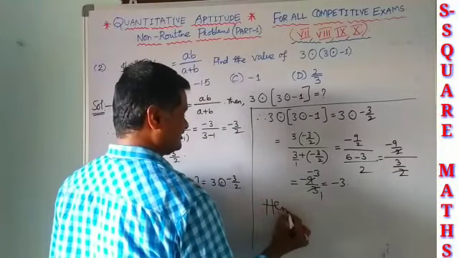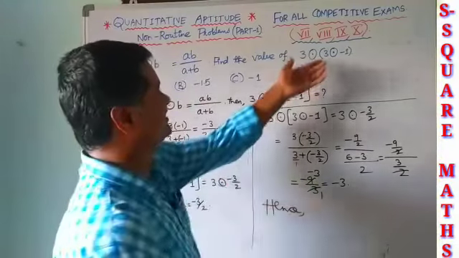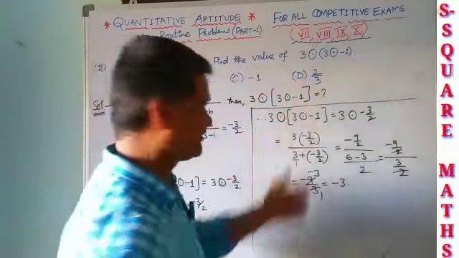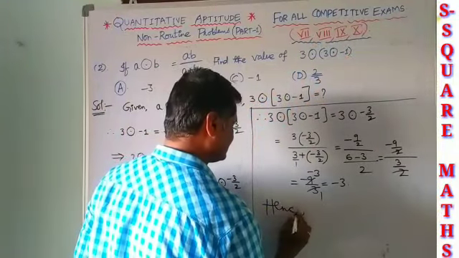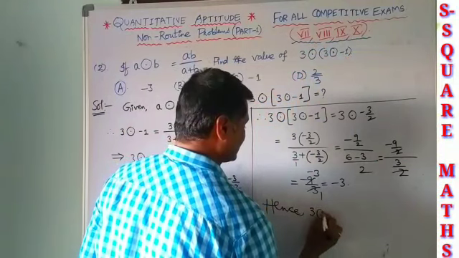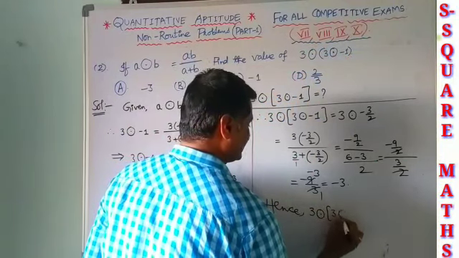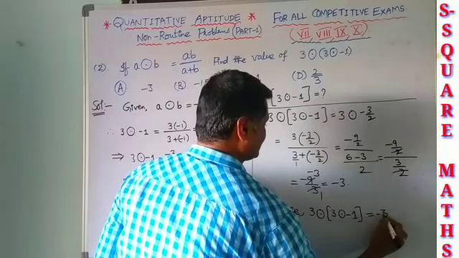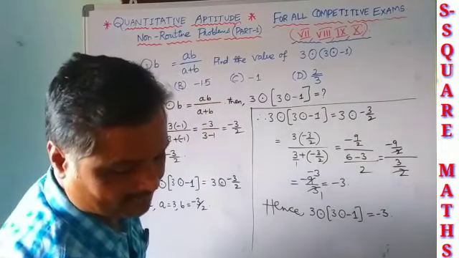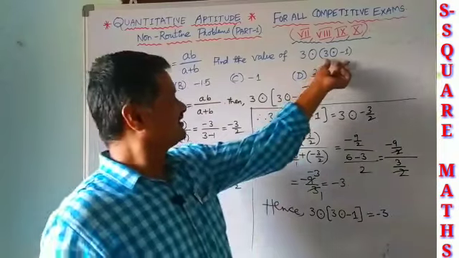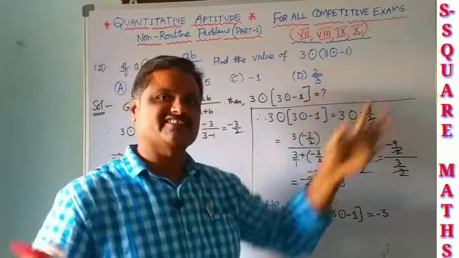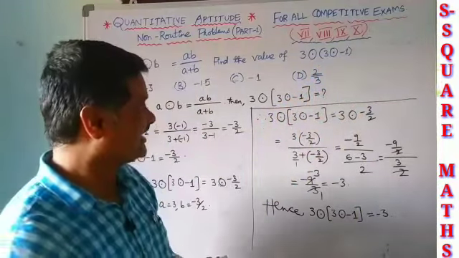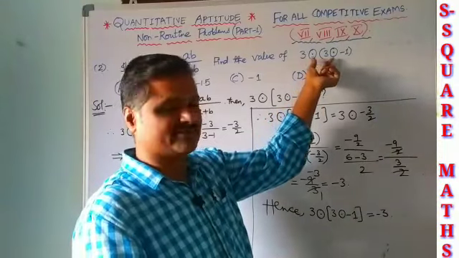Hence our final value for 3 circle dot of (3 circle dot minus 1) is equal to minus 3. So in the previous case we performed just one x star y, but here the binary operation is defined in our expression 2 times.